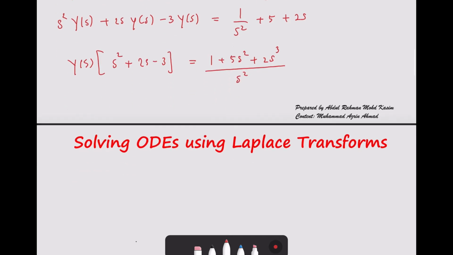Now you will have Ys as 1 plus 5s squared plus 2s cubed over s squared, and then s squared plus 2s minus 3.